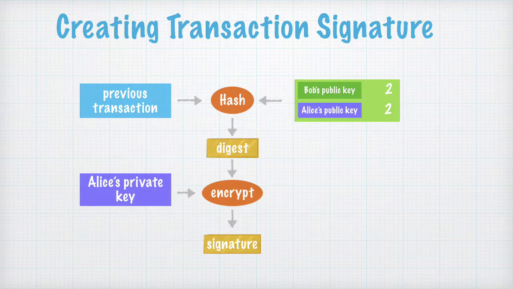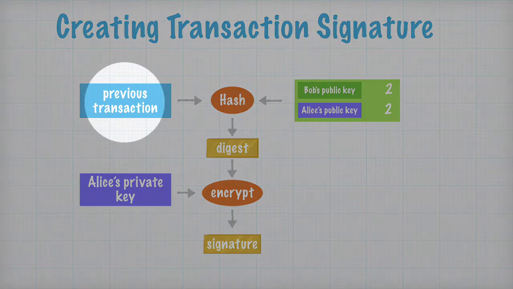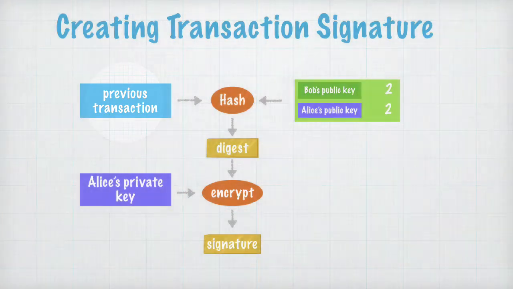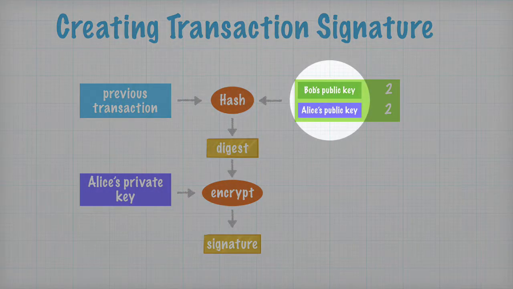Creating this transaction relies on having a signature for the transaction. We're going to be using that in the scripts that I'm going to be looking at, so it's worth revisiting how these signatures are created. So we take as an input the previous transaction as well as the outputs that we're taking.